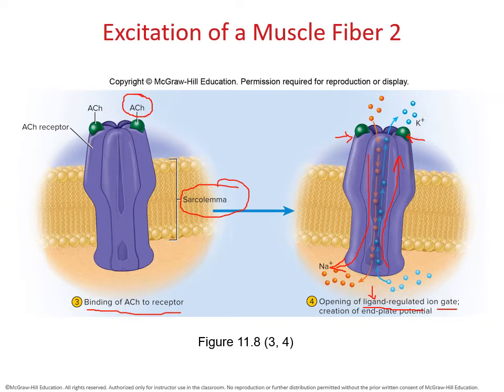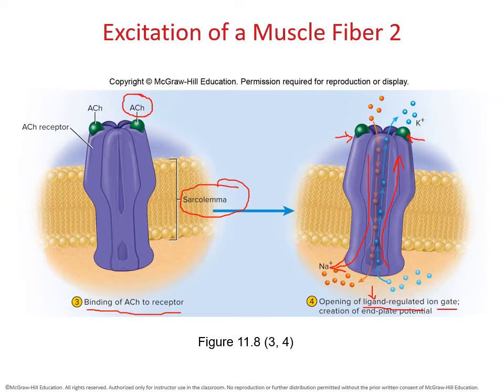Our goal when we try to excite the sarcolemma is to make the membrane more positive, so make it more excitable. Part of that is going to be by opening up these ligand-regulated ion gates and allowing sodium to come in and potassium to come out. And really what's happening is that sodium is flooding in at a higher rate than the potassium is leaking out. But that's something we'll discuss at a future point.